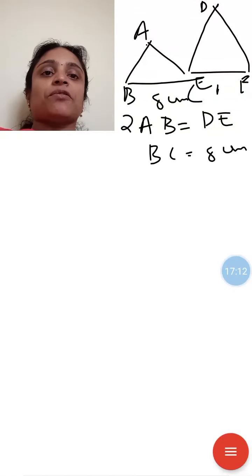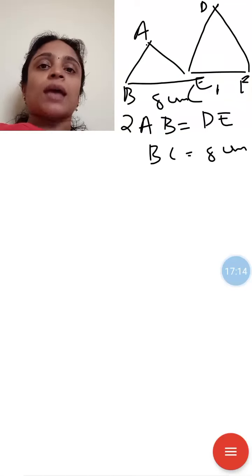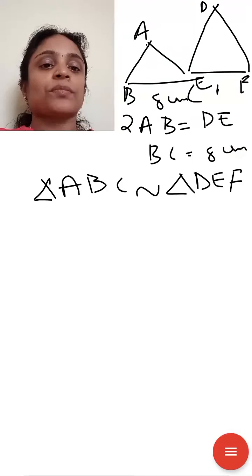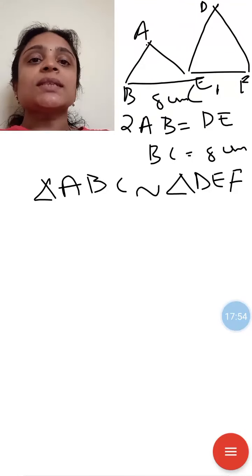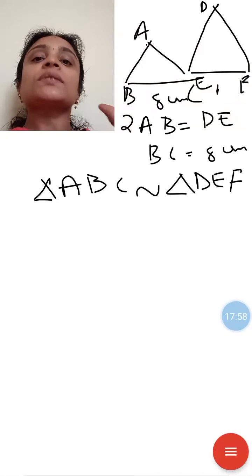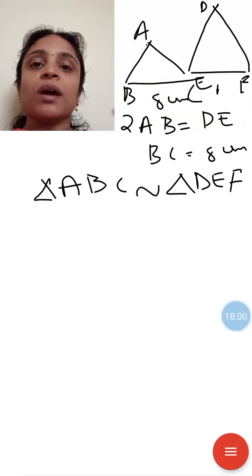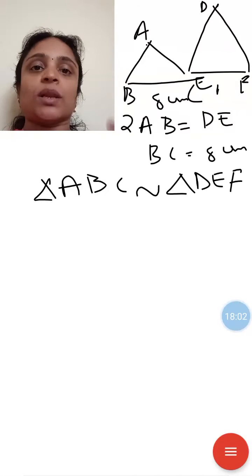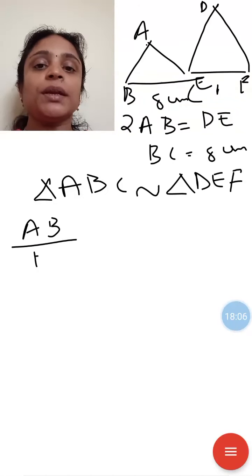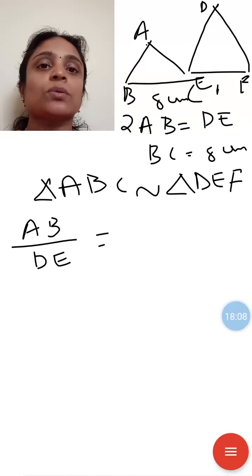Okay. And here these two triangles are similar. Since these two triangles are similar, in a similar triangle, ratio of the corresponding sides are equal. So here we can write that AB by DE equal to BC by EF, right?